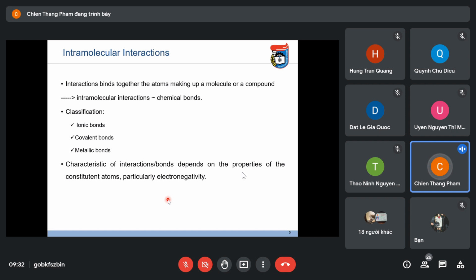Because there are three types of chemical bonds, ionic, covalent, and metallic, there are three kinds of intramolecular interactions. In the next slide, you can see that the characteristics of intramolecular interaction depend on the properties of the constituent atoms or particles, especially their electronegativities.